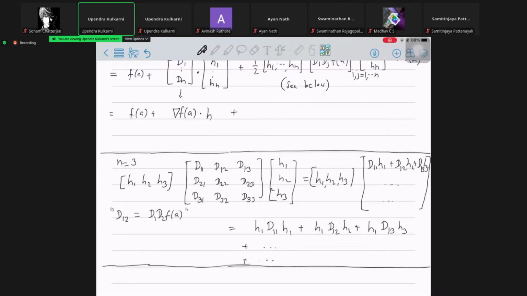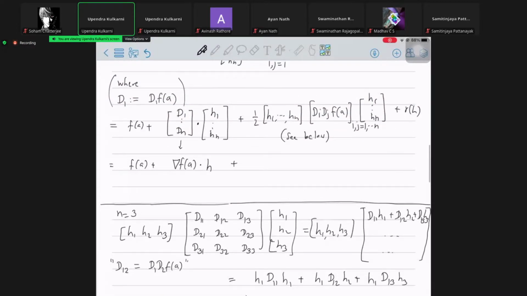So how do I get to write this term? This is one half times H transpose, and on the right hand side I write H, and then I have this matrix here.